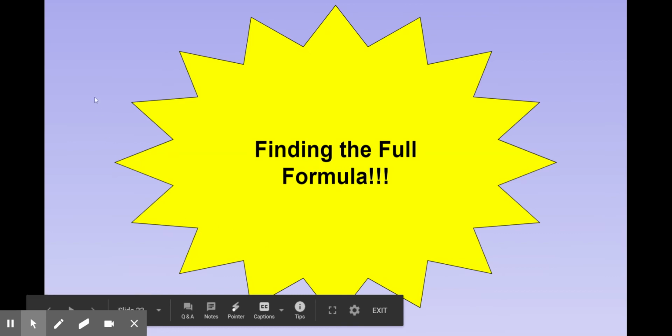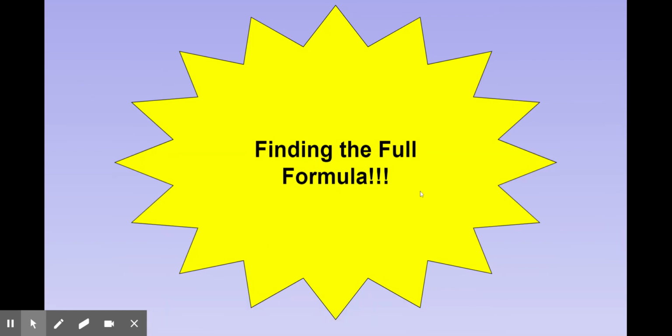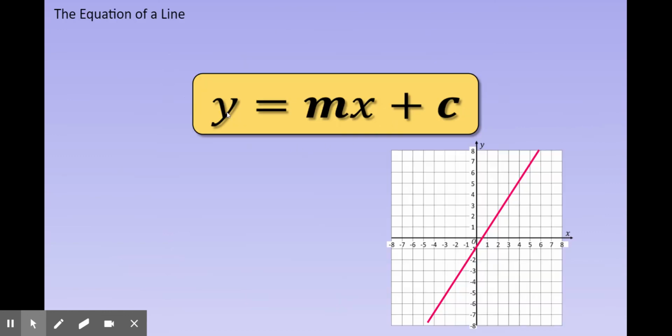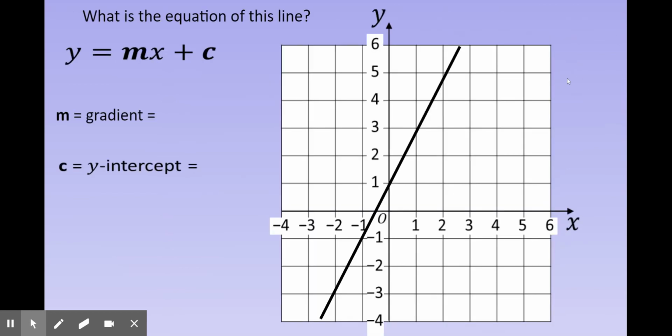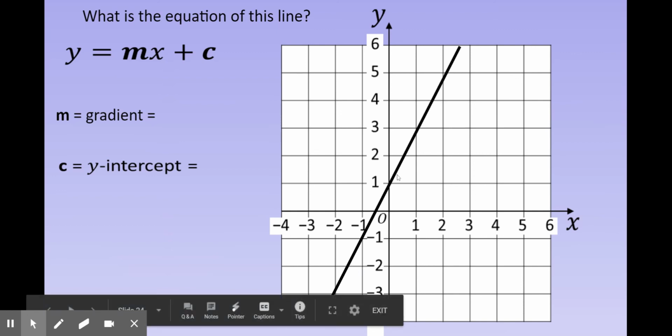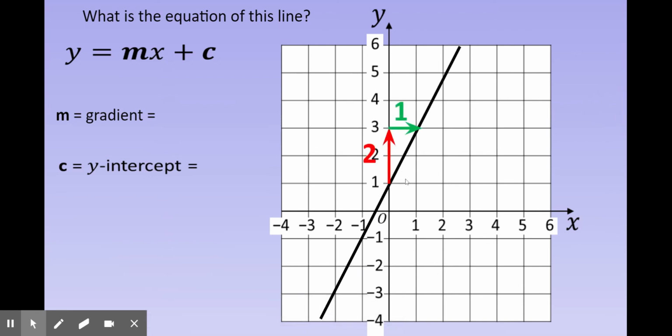Once we calculate the gradient and the y-intercept, we can create the final formula. The formula is y equals mx plus c, where m is the gradient, which we found in the first part of the video, and c is the y-intercept. Now let's construct the equation of this line. We construct a triangle.